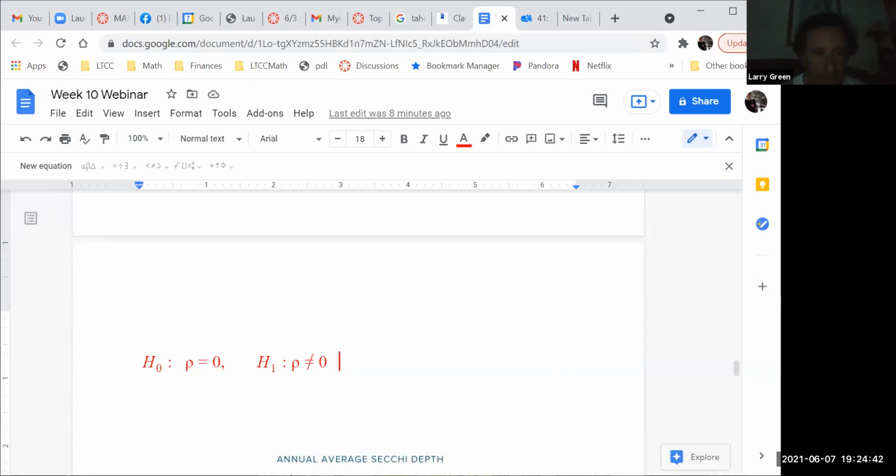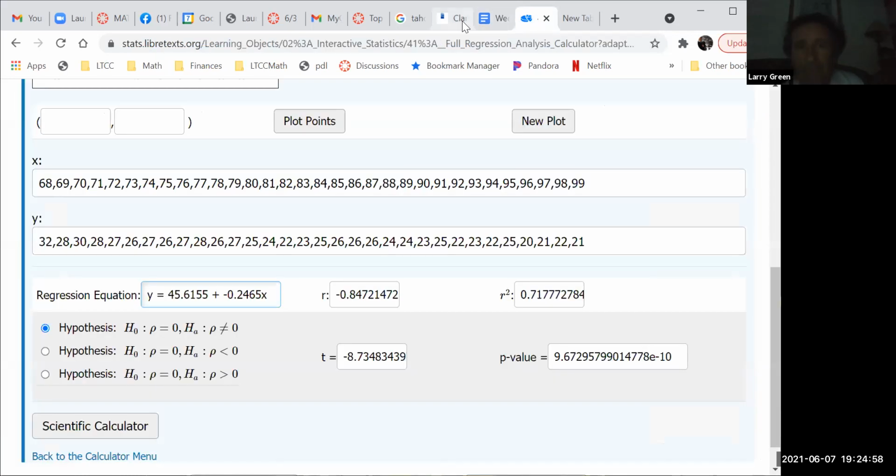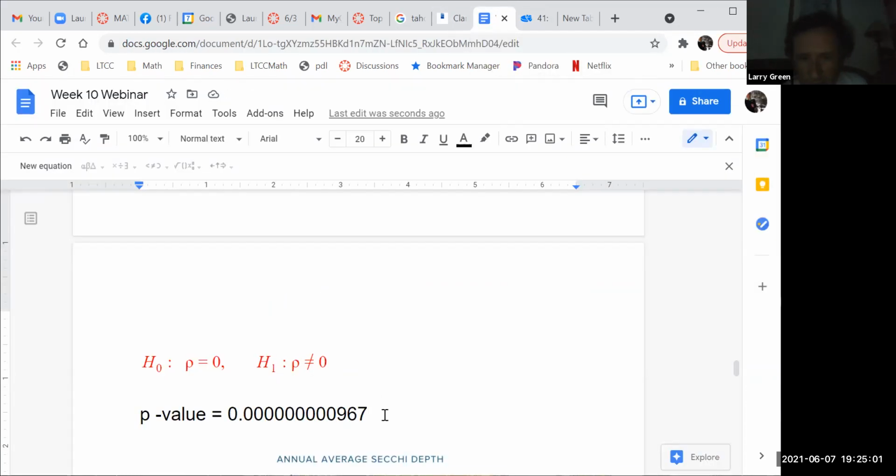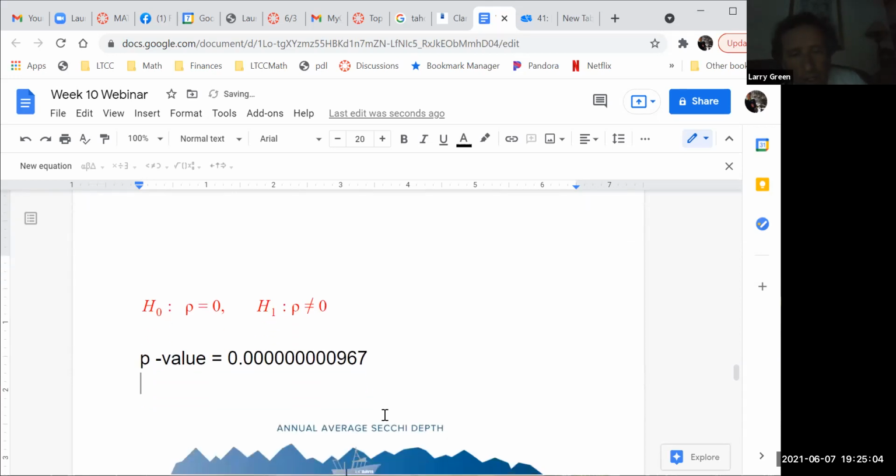So let me write that down. P-value is equal to 0.00000000967, I think it was. Let me double check. Yep, 967. All right, now hopefully you all know what to do when you get a p-value that looks like this. And what do we do? Reject H naught.